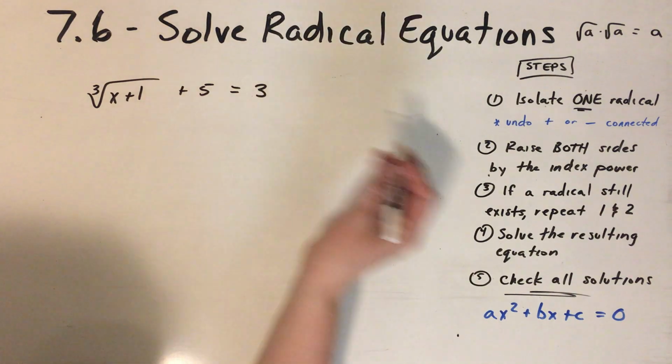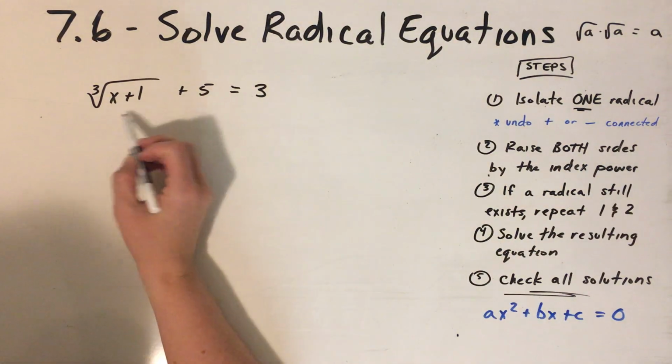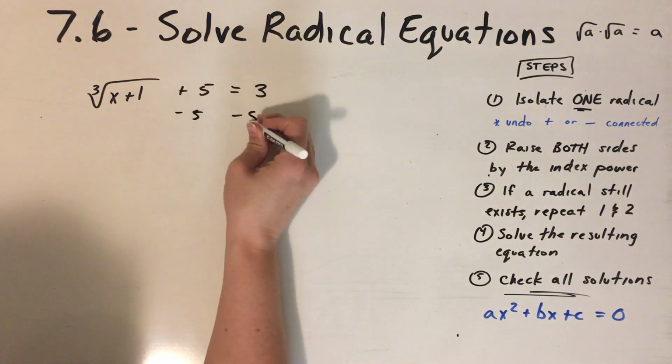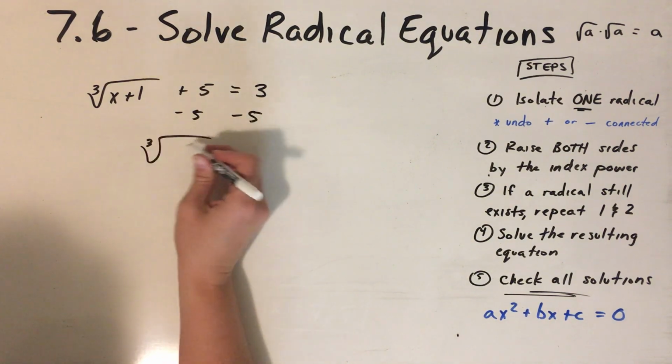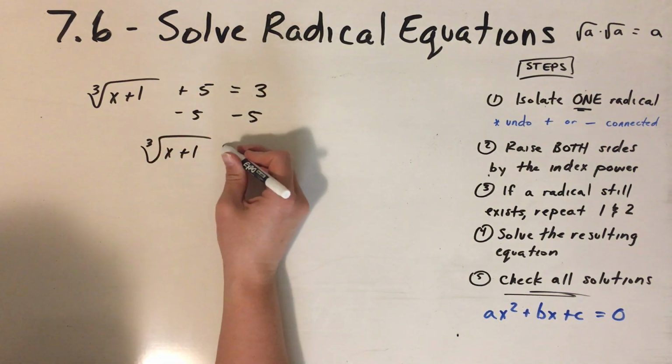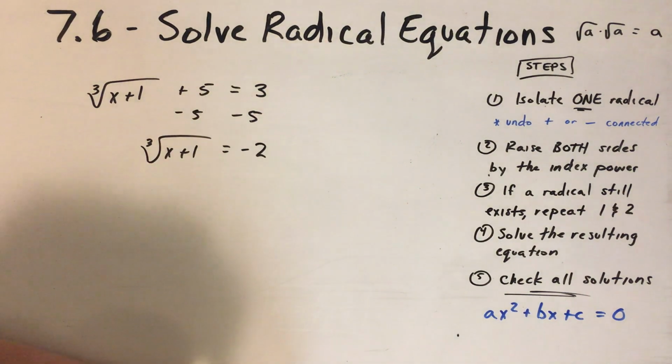Well, I want to isolate this radical. I've noticed there's a radical here, so I'm going to subtract the 5. So I get that the cube root of x plus 1 is equal to -2.